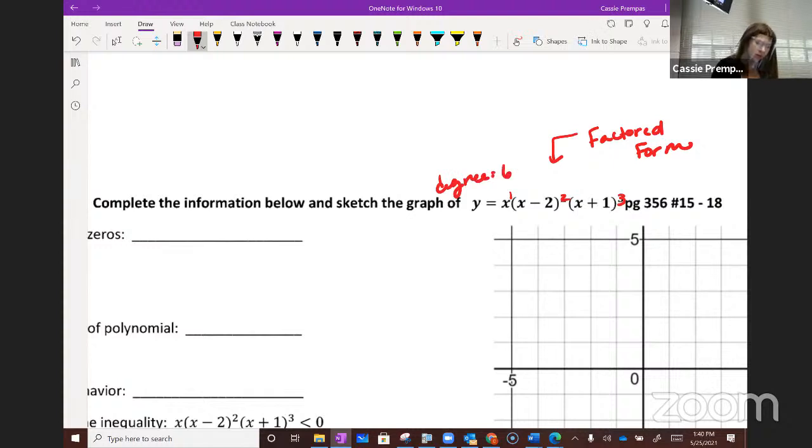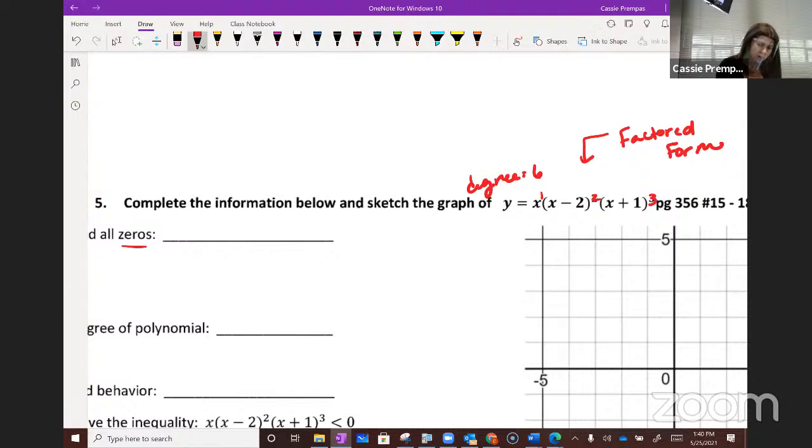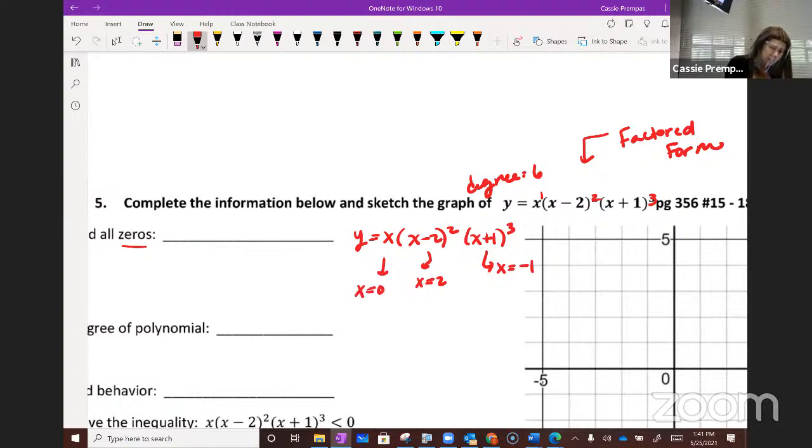Do we remember how to find the zeros of this function? We've been doing a lot with zeros. Essentially, you set each of the factors equal to 0 and solve. So we get x is equal to -1, x is equal to 2, and x is equal to 0. So my zeros are at 0, 2, and -1.